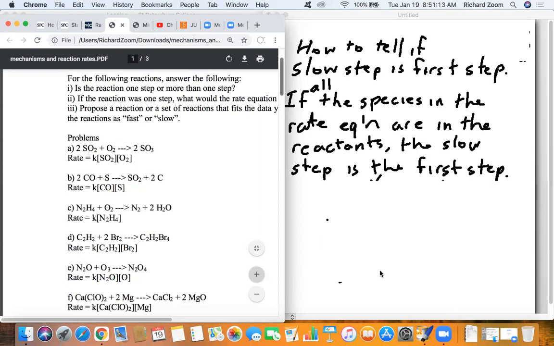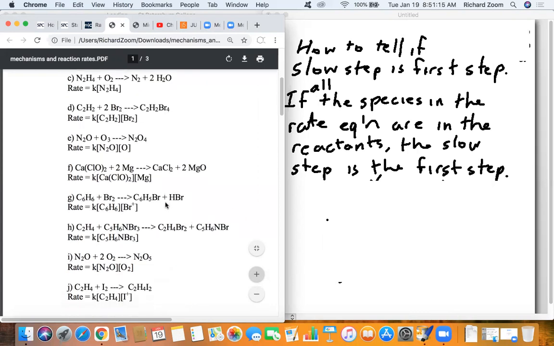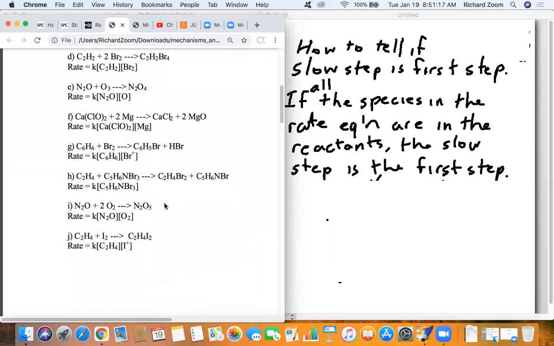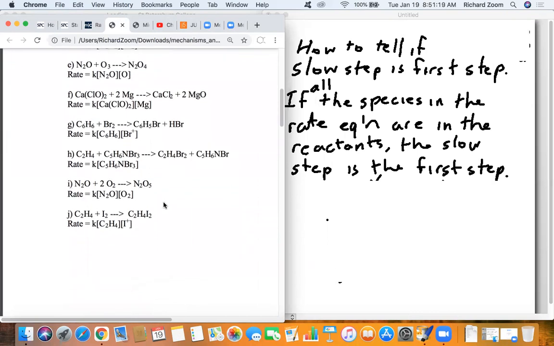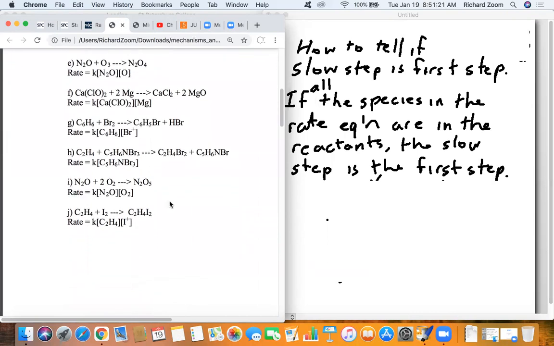Okay, so this is E that we're looking at. Is the slow step the first step? Okay, I'll give you another few seconds.